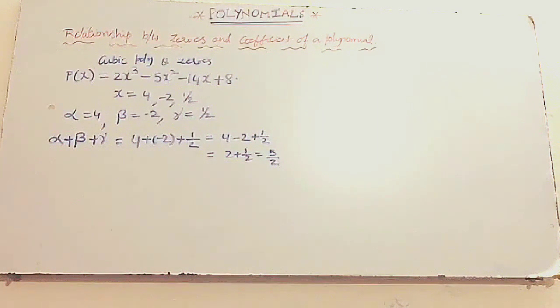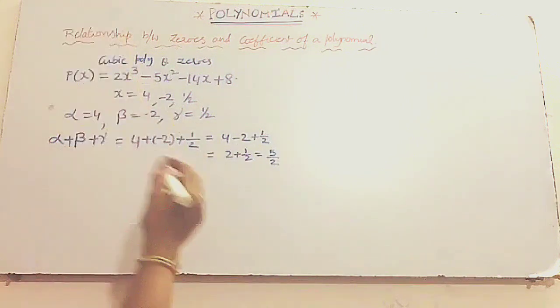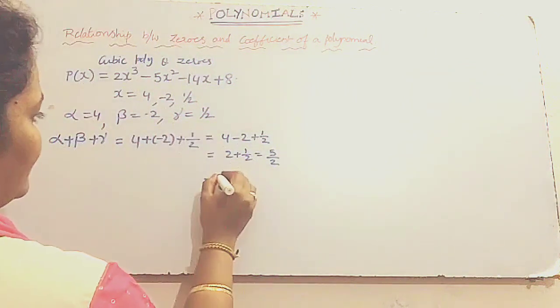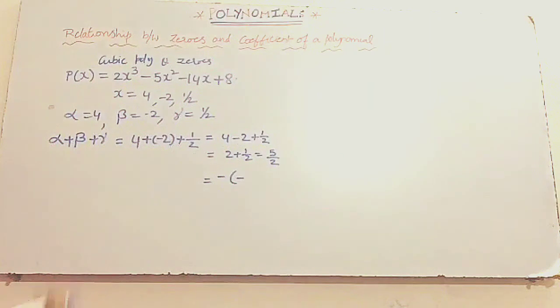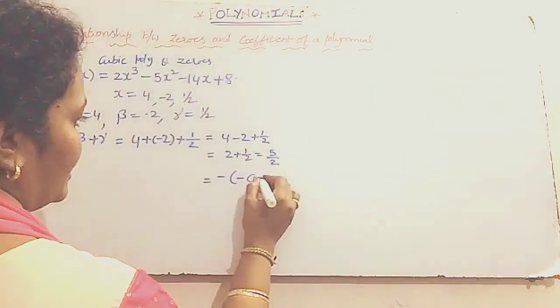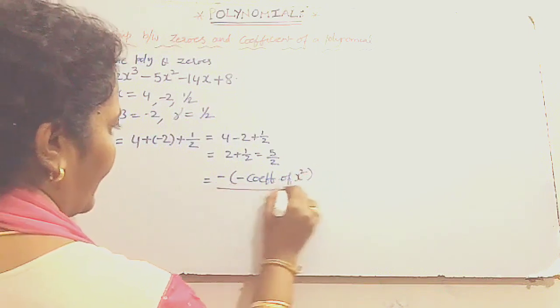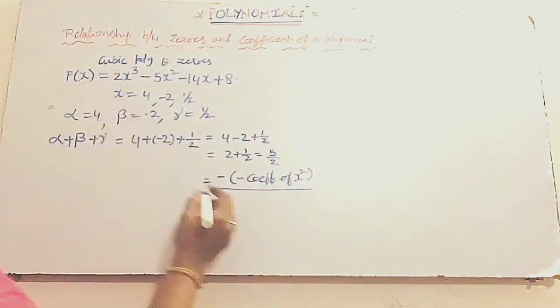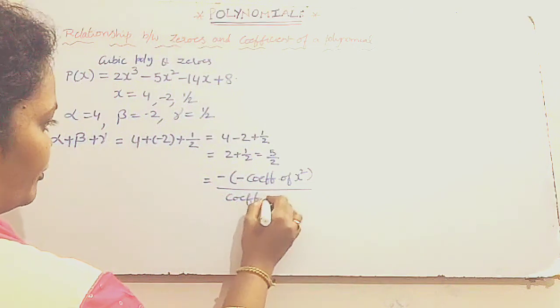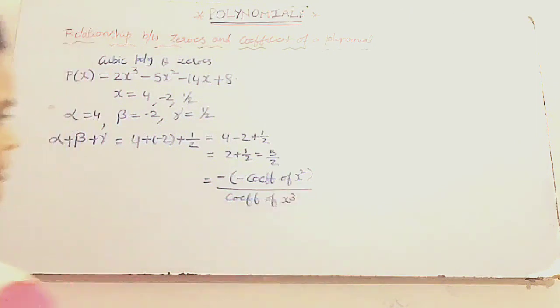So I will write 5 by 2 as minus of minus coefficient of x square by, what is 2? Coefficient of x cube.